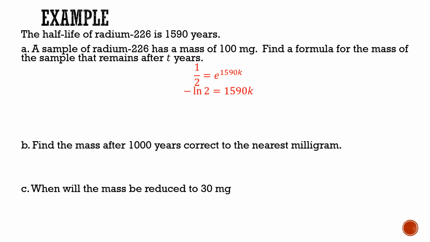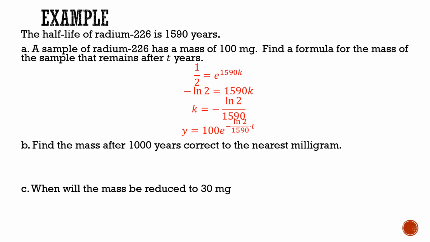I ln both sides, and I wrote it as negative ln 2, but it's the same as ln of 1/2 using log rules. So negative ln 2 equals 1590k, and dividing by 1590, k equals negative ln 2 over 1590. Plugging that k into my formula, I get y equals my initial amount, 100, e to the negative ln 2 over 1590, times t.